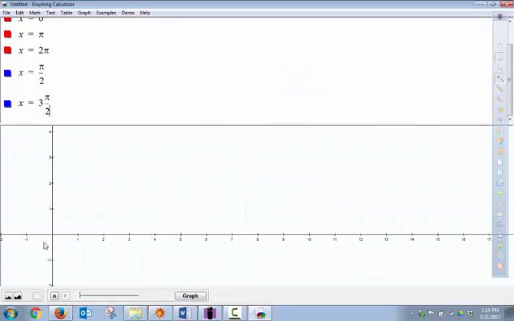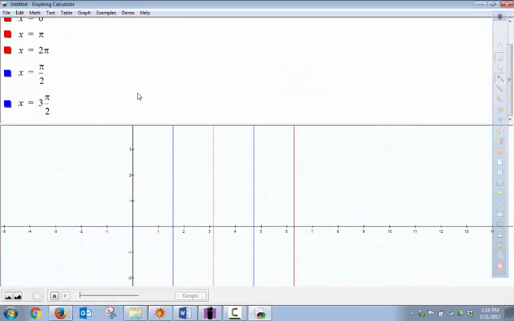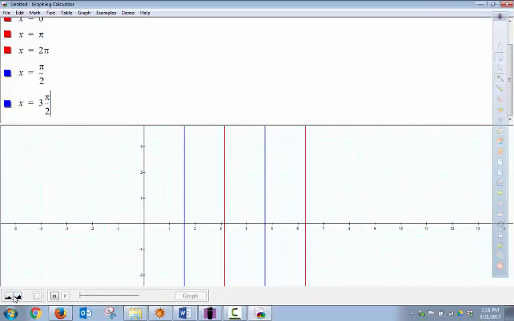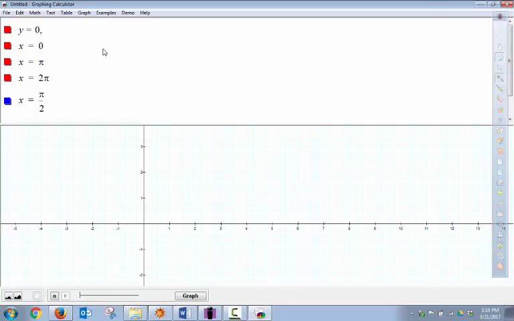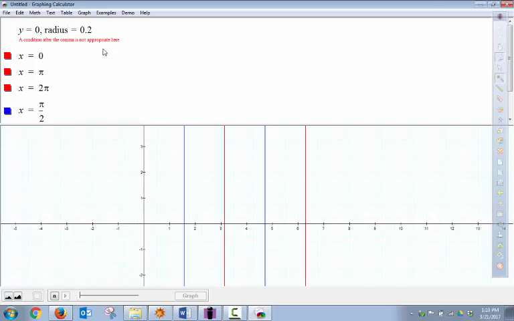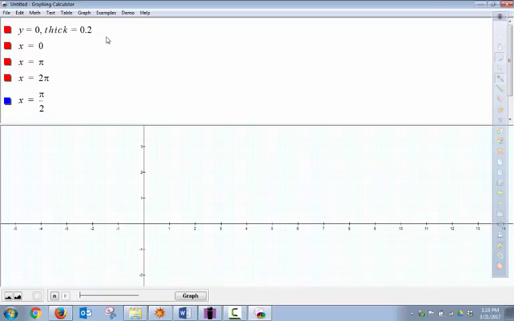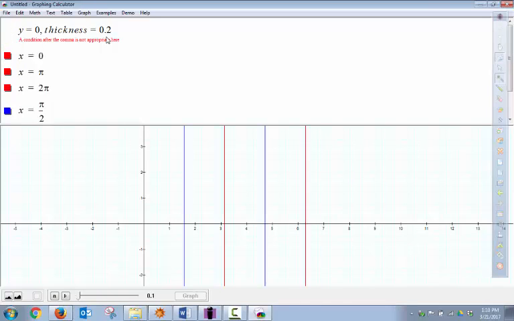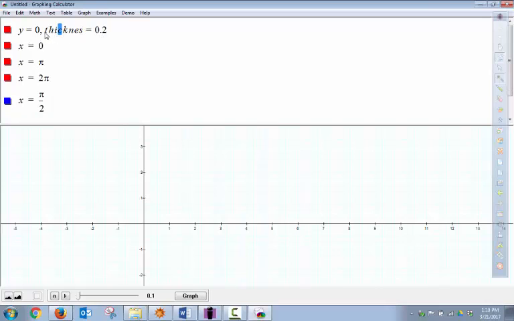And so what I would do here in this case, you can't see y is equal to 0. That's too bad. I don't think this will work. That didn't work.